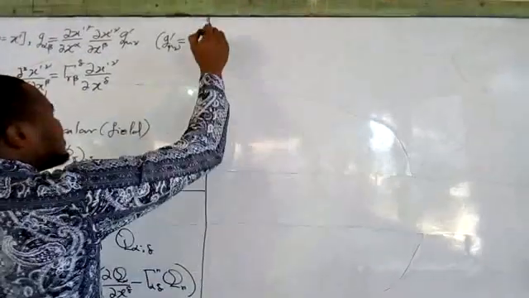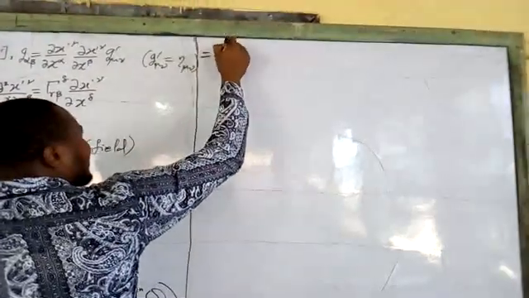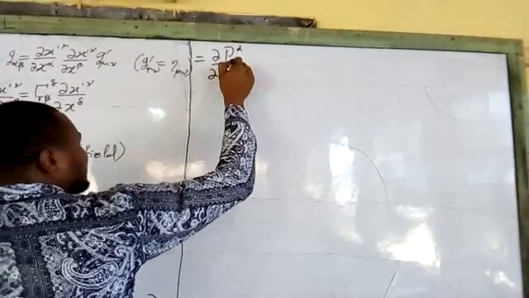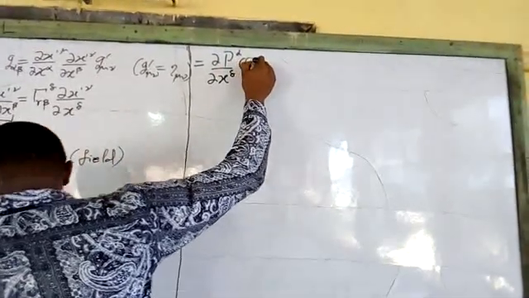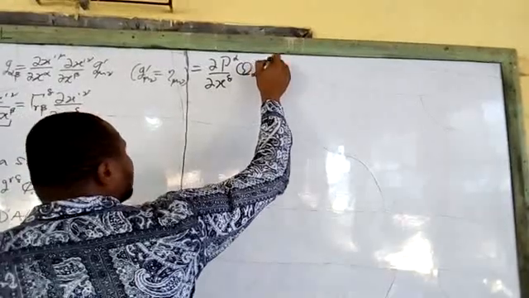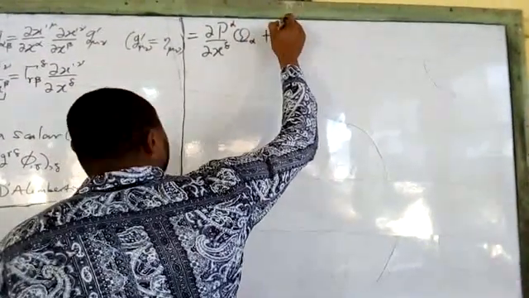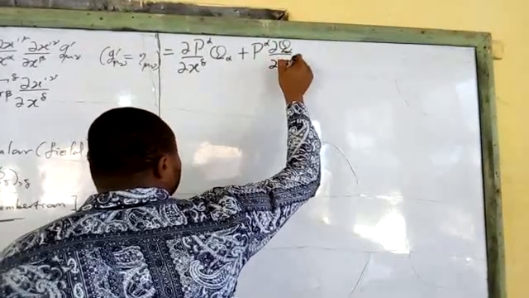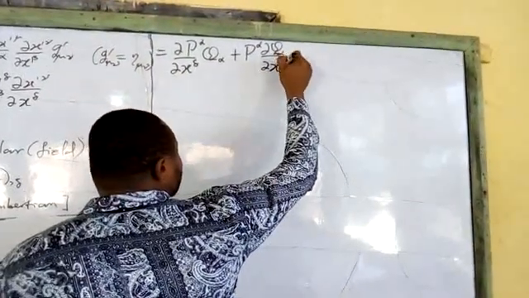So what I have here should be equal to P alpha, the X delta, Q subscript alpha, plus P alpha, the Q alpha, the X over here, delta.